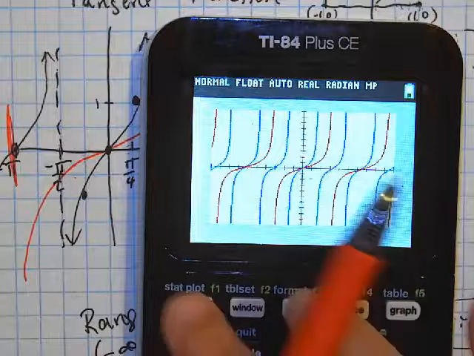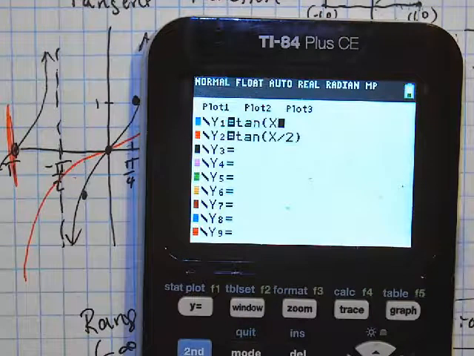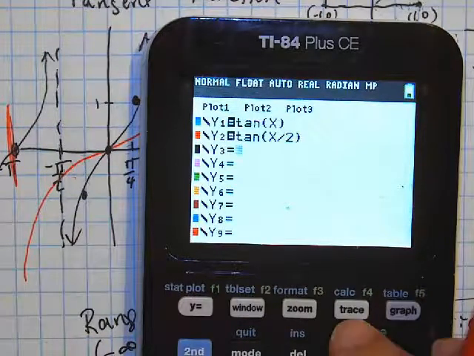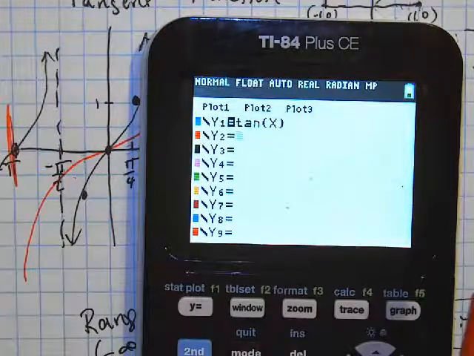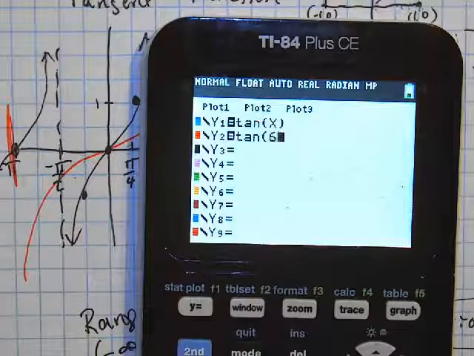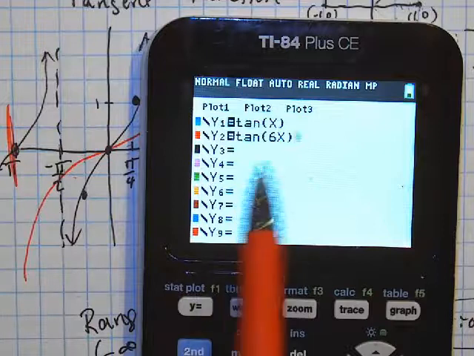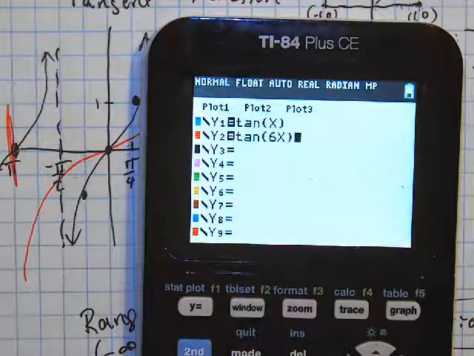So let's go back and think about what would happen then if instead this was not x divided by 2, let's say it was tangent 6x. What would happen in this case? Well, normally our period is pi, but now the period is going to be pi over 6.